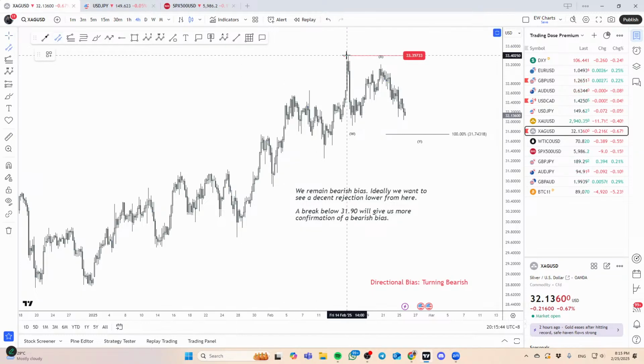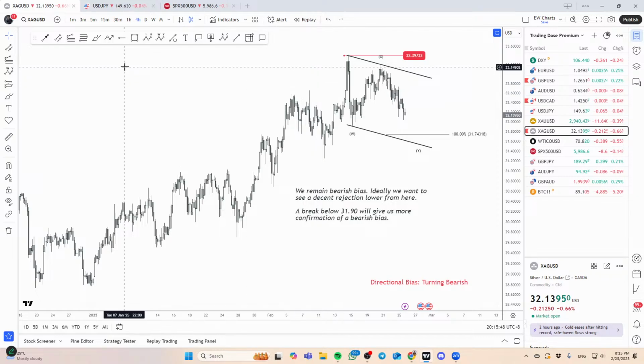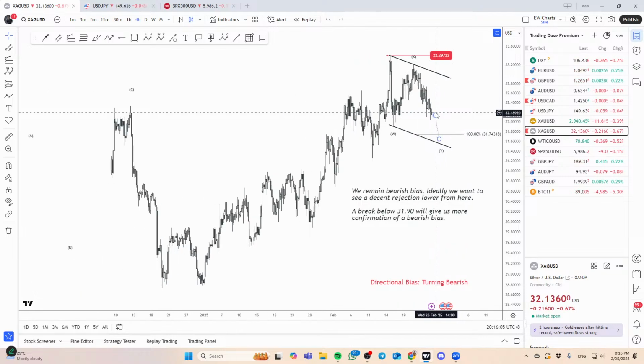So if you expect this to simply form a three-leg structure, then the target is going to be somewhere around $31.75. Now, personally, if you ask me, would this go lower than that? I would actually slant towards the probability where price can go lower.